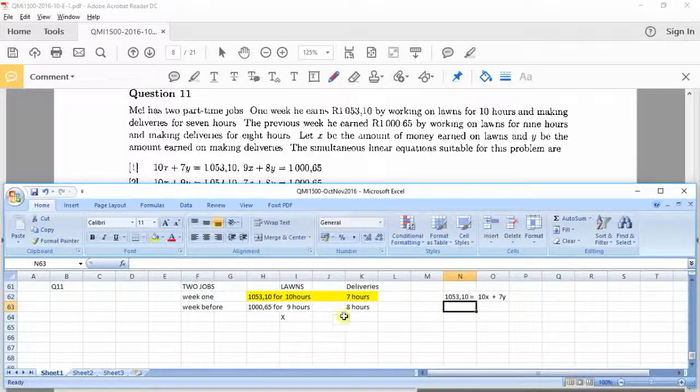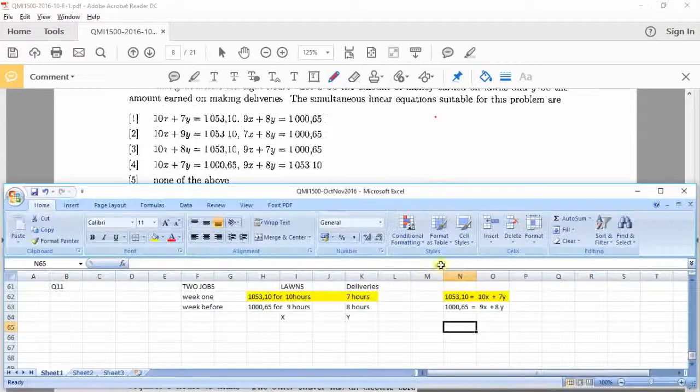Then the other one would have been 65 equals 9x plus 8y. Yeah, that's it. So which simultaneous equations do we need? 10x plus 7y equals 153,10. That's correct. 9x plus 8y equals 65. That's correct. Option 1. Is that right? Yes.